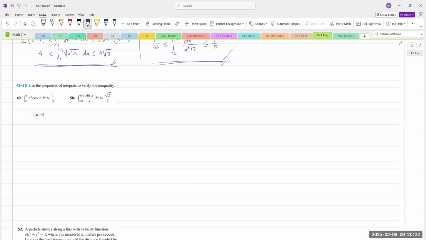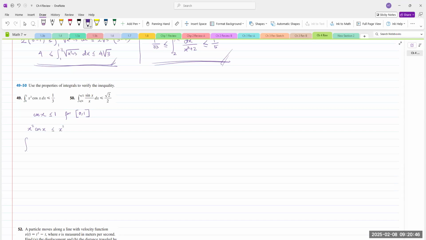Cosine x is between 0 and 1 for x between 0 and 1, right? In fact, cosine x is always less than 1. Agree? When I multiply by x squared, then it will be less than or equal to x squared. Is that right?